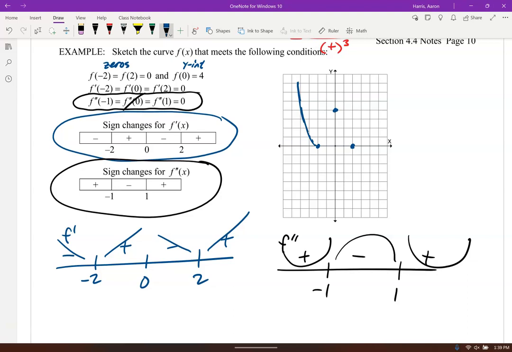Stay concave up until negative 1, but then I switch to concave down. Stay concave down to 1, and then I'll go concave up again after 1. So that could be some sort of graph with the limited information that we have. That's a pretty decent graph for that.